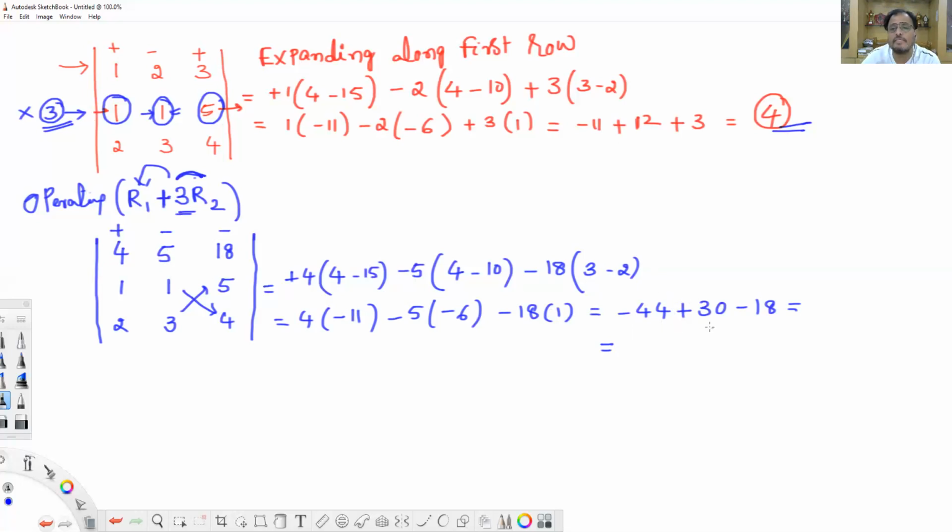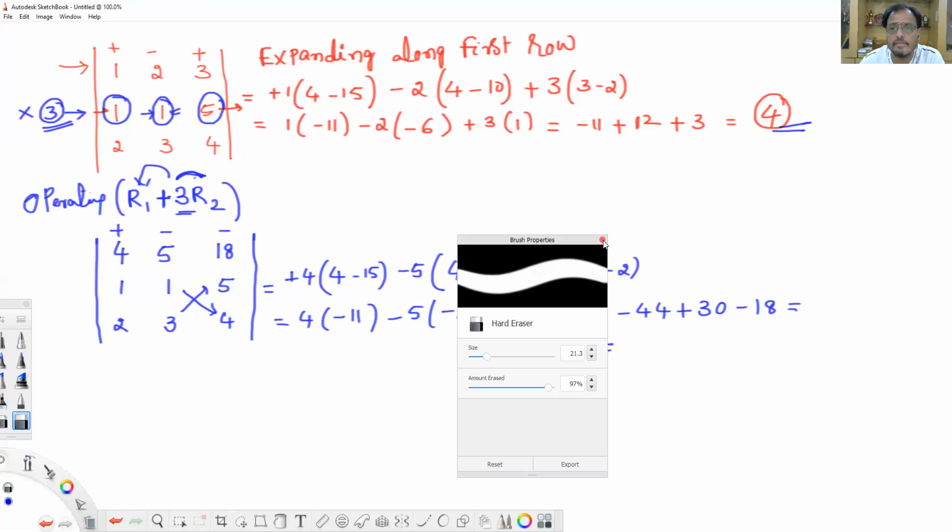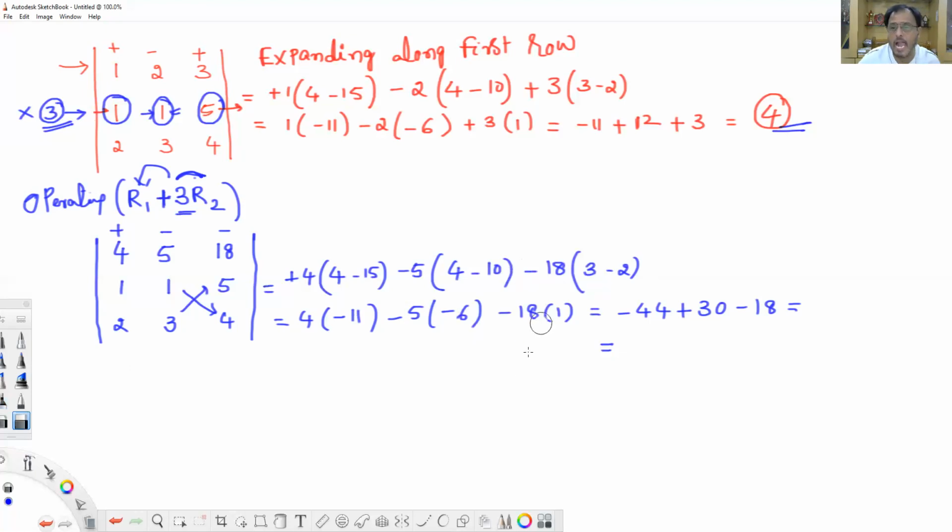So minus 44 plus 30 is equal to... this is not correct. Once again we'll check this one. Just a minute. Sorry, we have made one small mistake here.